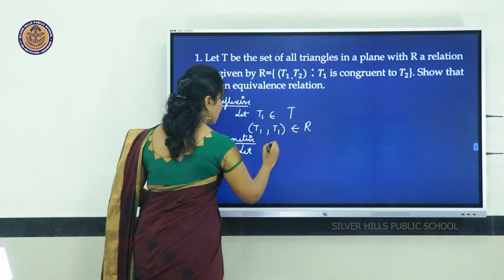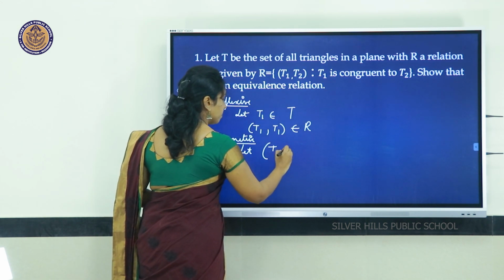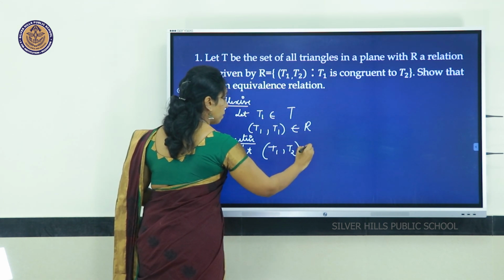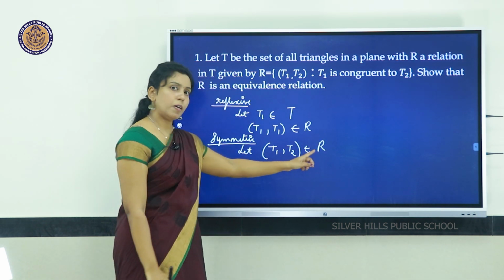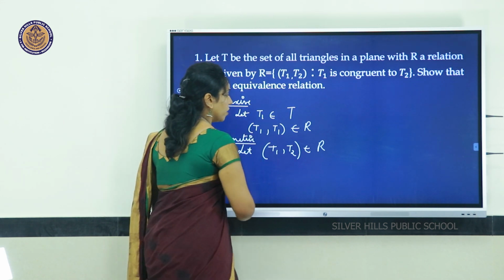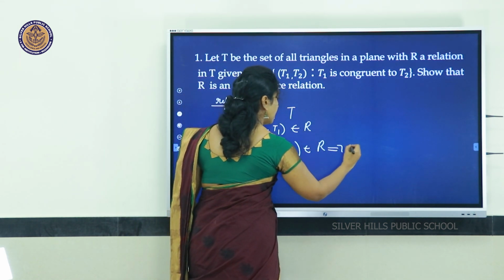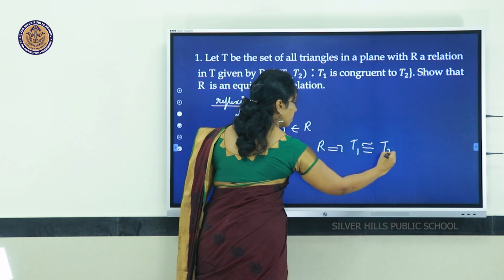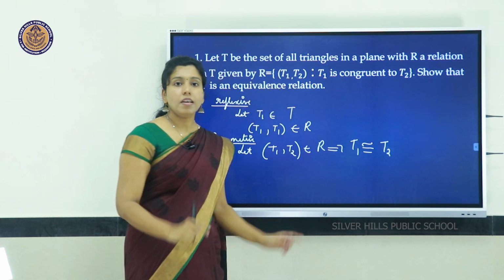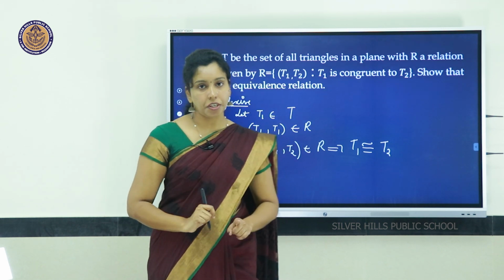So, I will consider T1, T2 belongs to R, a member of the relation. This implies T1, the first triangle, is congruent to T2.